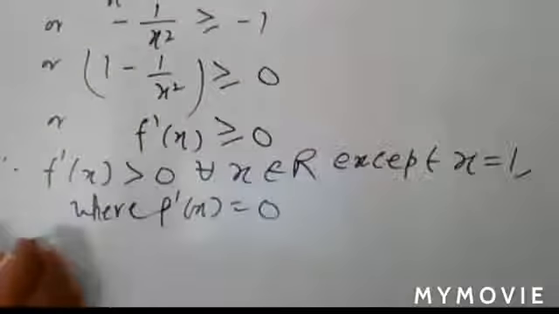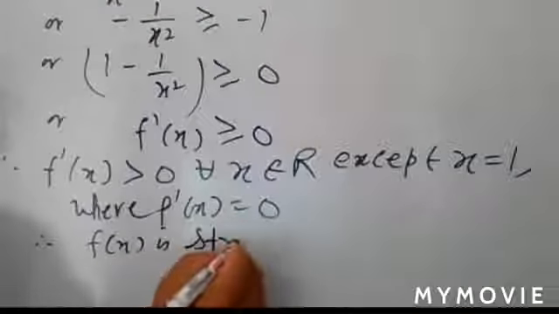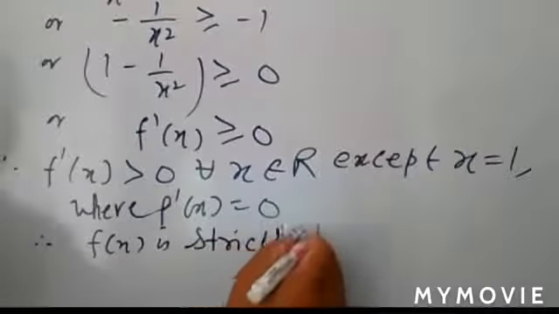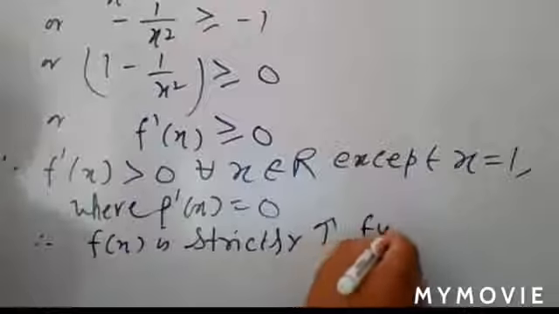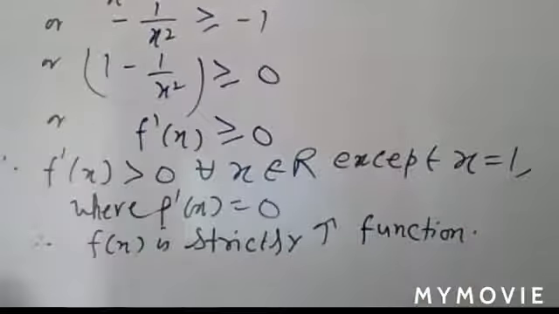So at that point, its derivative becomes 0. So you can say f(x) is a strictly increasing function. Okay, noted. Strictly increasing function.